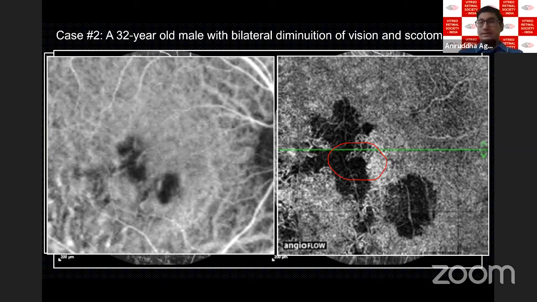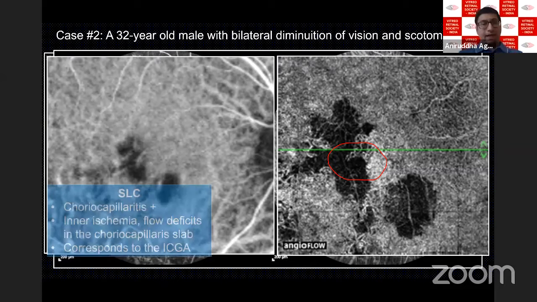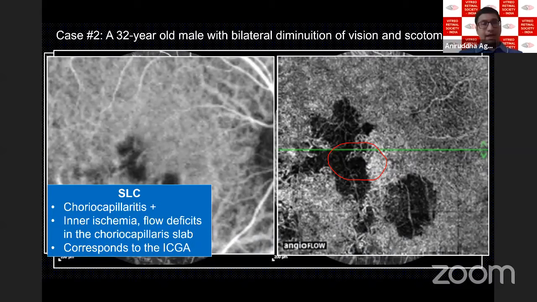This is one very important advantage of the OCT angio. And as you can see, this is a patient of serpiginous-like choroiditis wherein we know now that the primary pathology is involving the choriocapillaries and there is presence of inner ischemia of the choroid and you have defects on the OCTA flow deficits which exactly correspond to the ICGA.